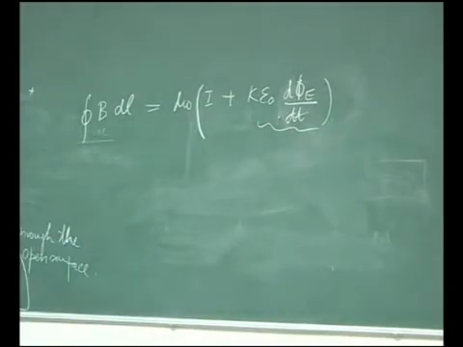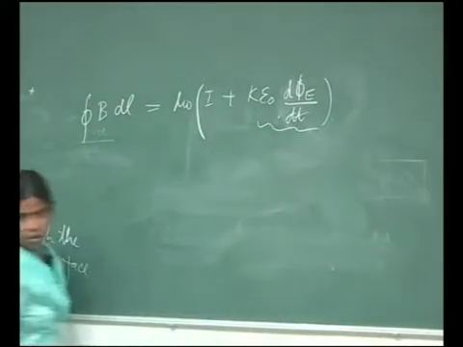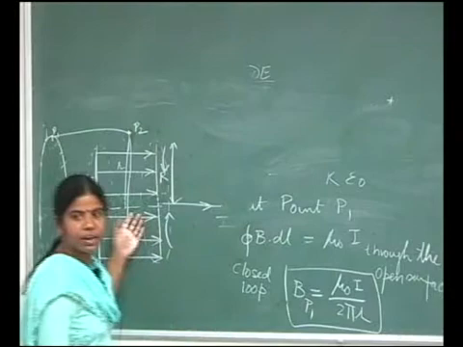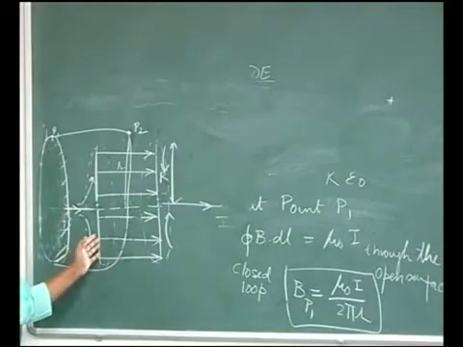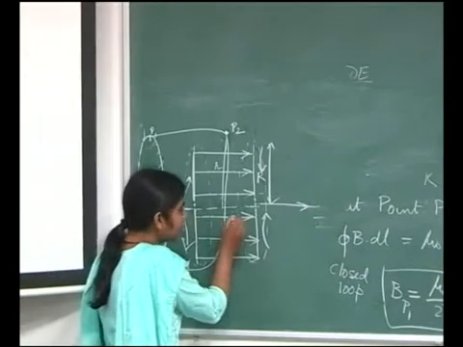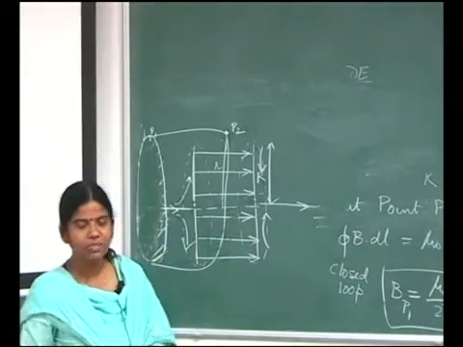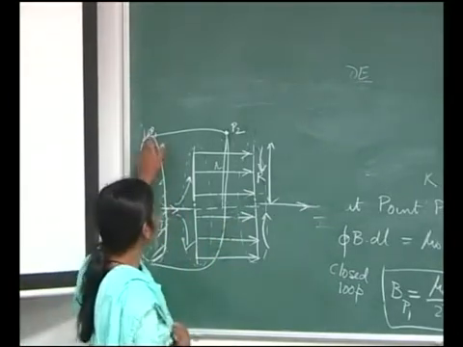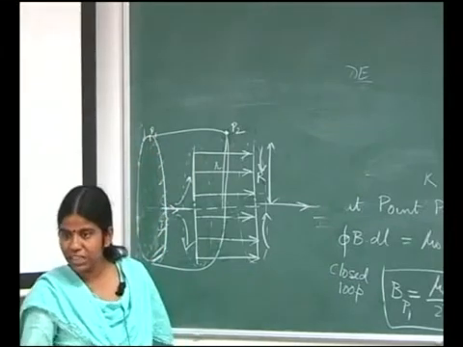Now the question is whether the addition of this term actually helps me in clearing out the mess that we see here. I know now that the magnetic field cannot be 0 inside, and Maxwell concludes that the value of the magnetic field at P1 and P2 should be the same.